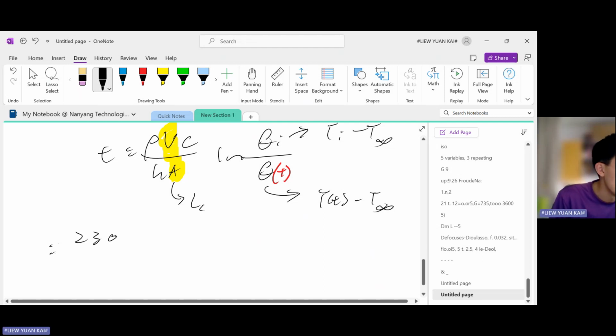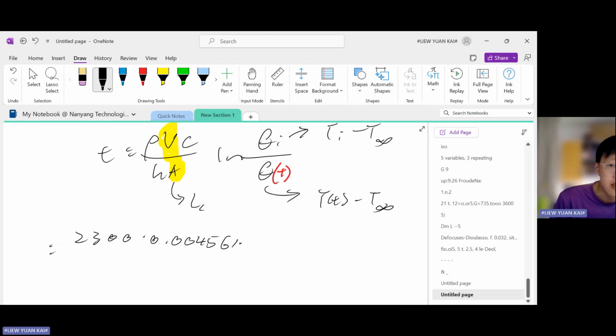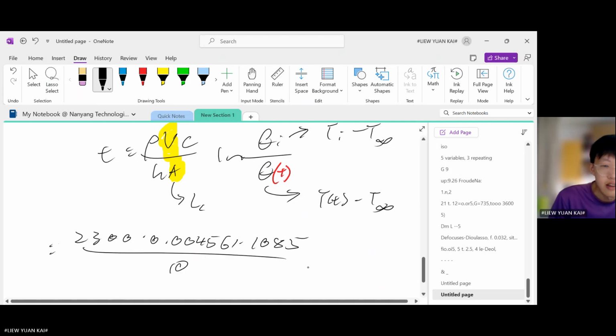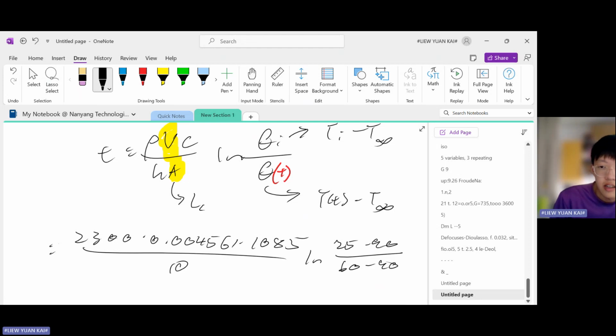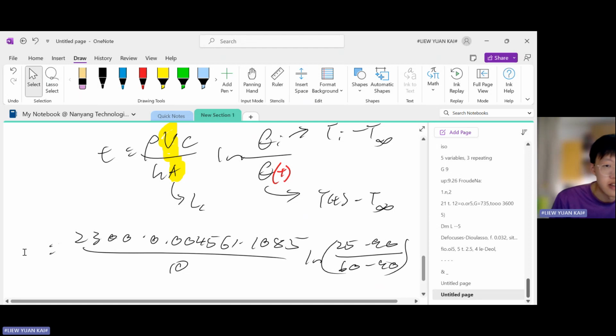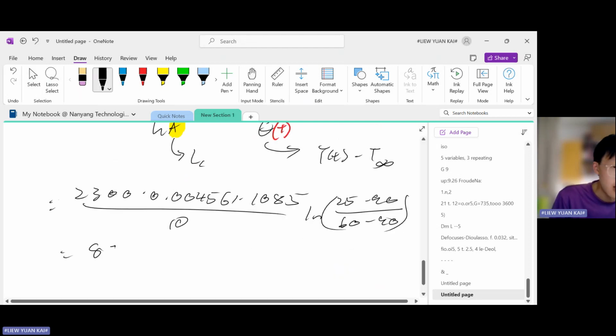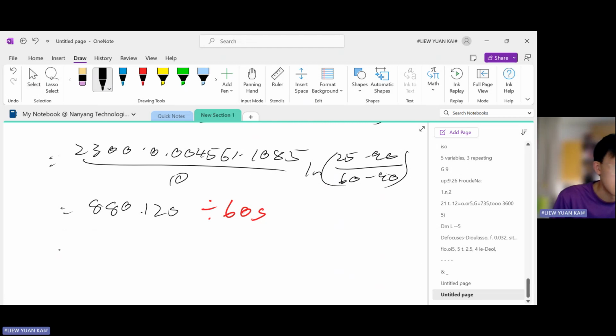You should get 2300 times 0.004561 times 1085 divided by 10, times ln of (25 minus 90) divided by (60 minus 90). Punch in your calculator. You should get 880.12 seconds. If you want to, you can change it to minutes by dividing by 60. Then equivalently, this will be 14.7 minutes.